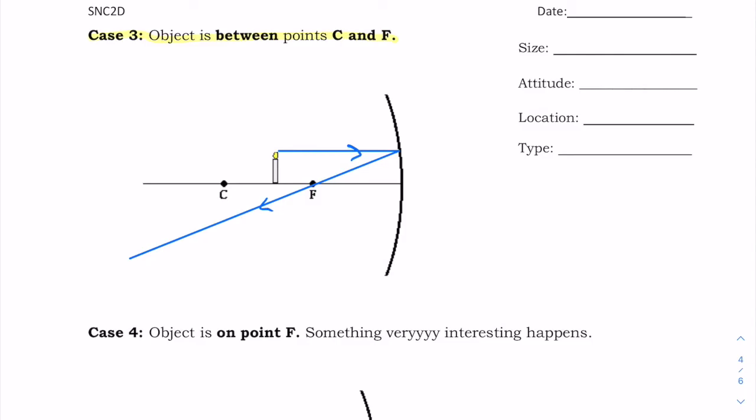The second ray of light I'm going to draw is one that passes through the focal point. When that one hits the mirror, it comes out parallel to the optical axis.